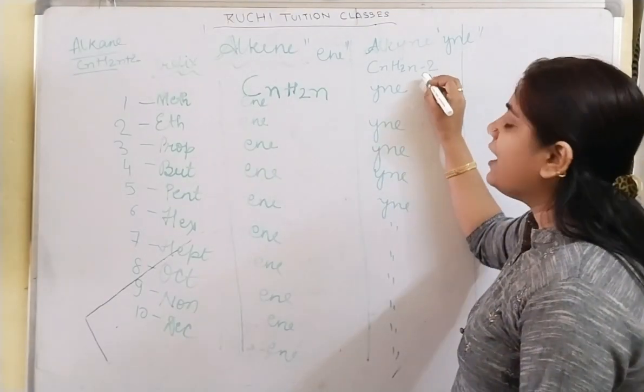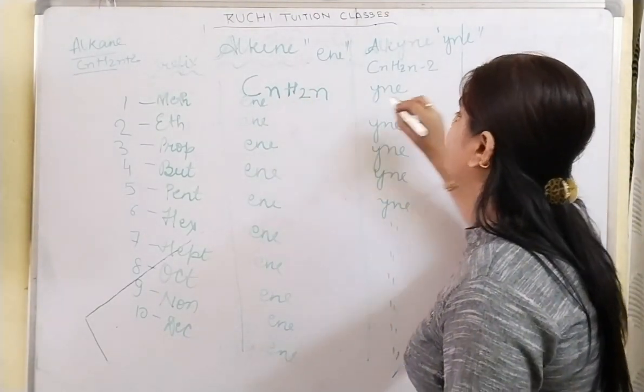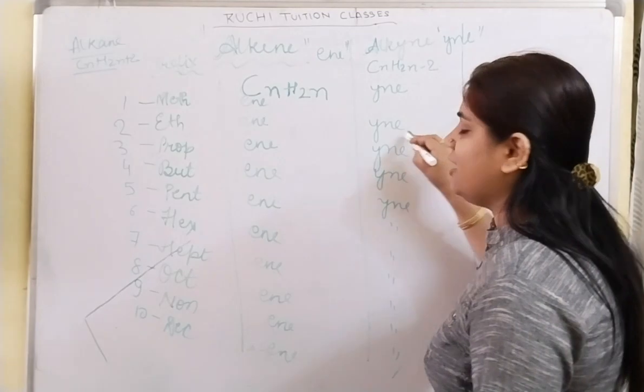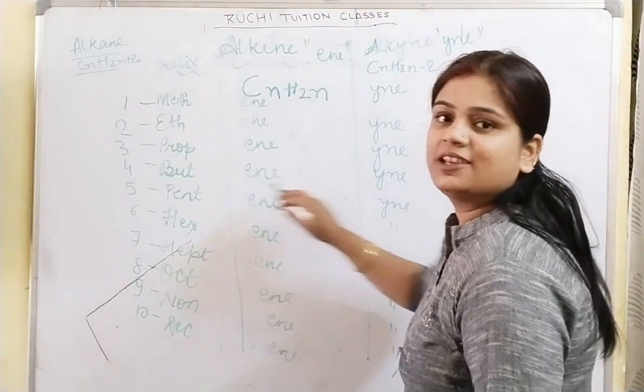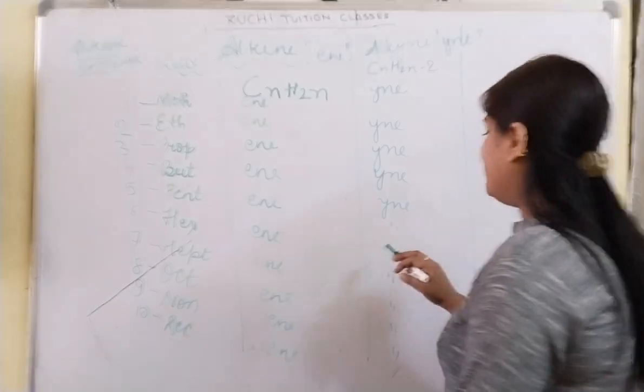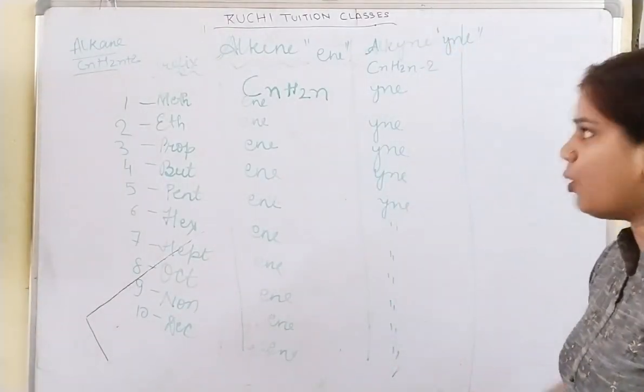And for alkyne it will be meth-yne, eth-yne, prop-yne, but-yne, pent-yne, hex-yne, heptyne and so on.